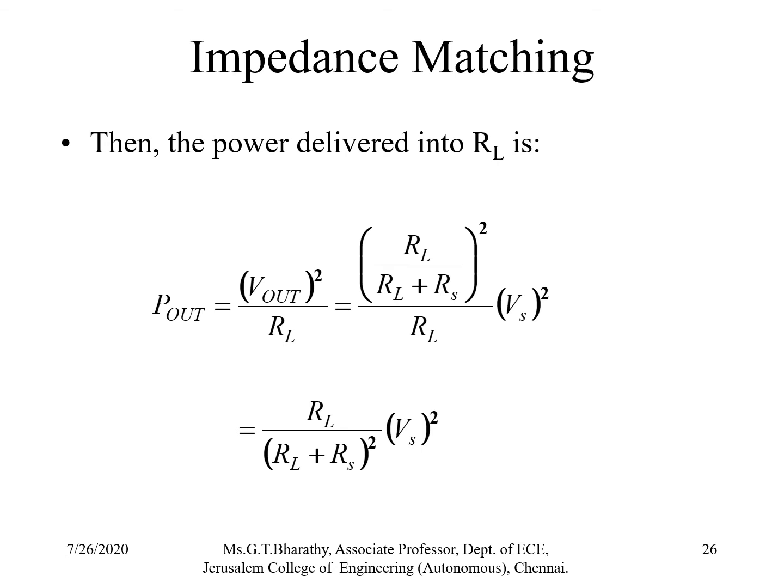Then the power delivered into the RL is given by, we know the formula of power, Pout is equal to Vout the whole square divided by RL. Substituting the expression for Vout that we saw in the previous slide, we get the expression for Pout as RL divided by RL plus Rs the whole square, Vs the whole square.